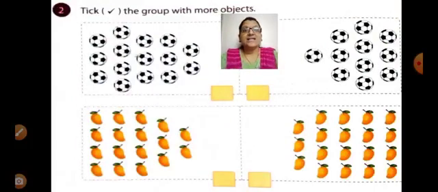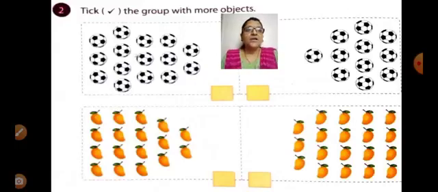Yes. Take the group with more objects. Here, in the first picture, we see balls in 2 different boxes. In the first picture, there are 15 balls. And in the second picture, there are 11 balls.